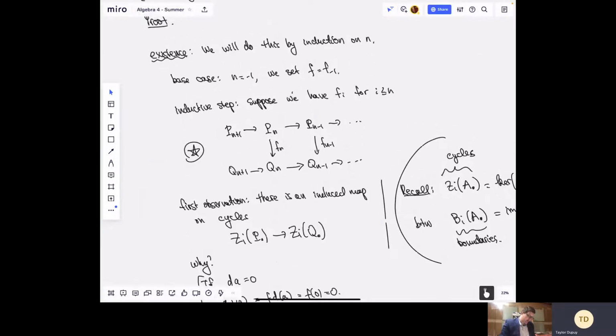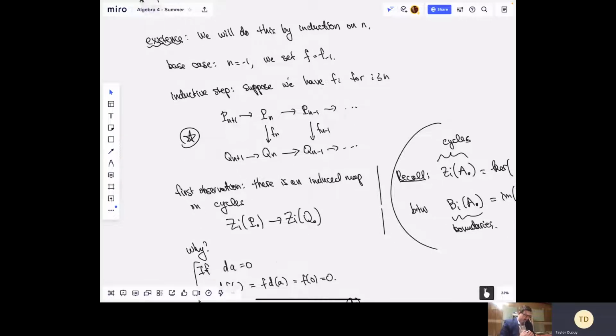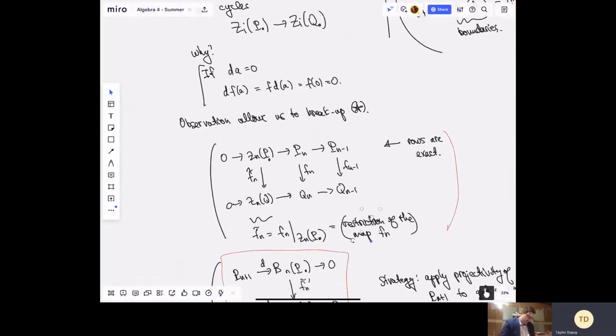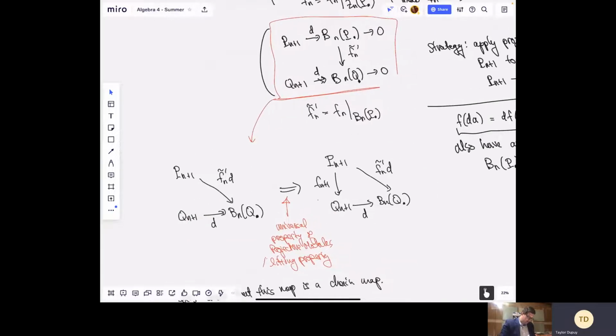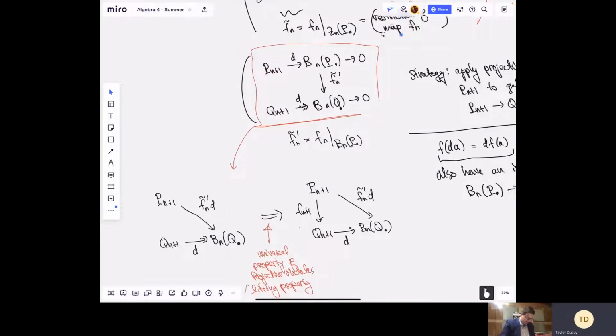And the strategy was to use the property that if you have a surjective map of modules, then it lifts to a map from the projective module. So we had a diagram like this, and then went down here. Last time I was also talking about BNs versus ZNs.